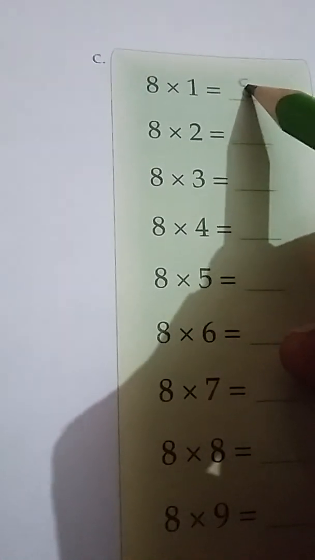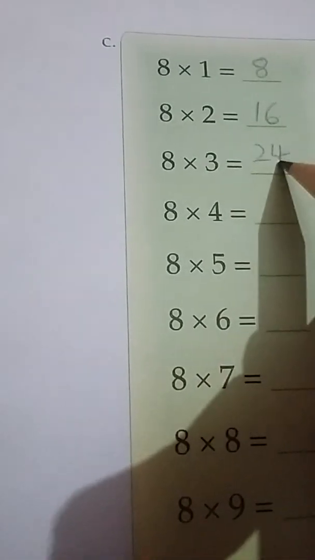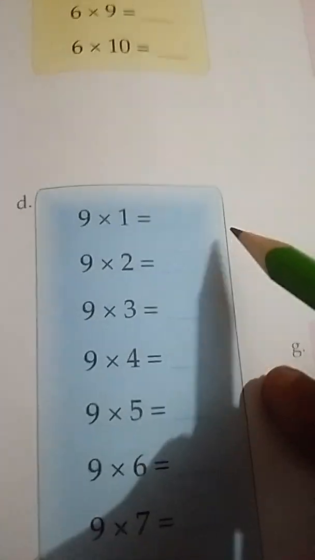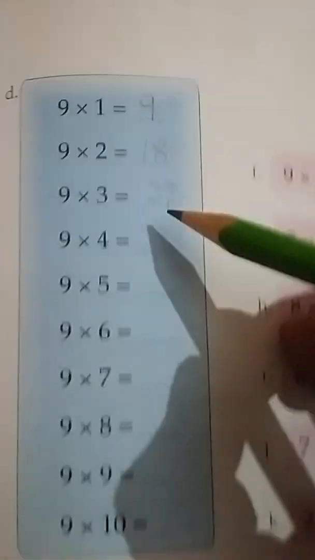And then the multiplication table of 8: 8 ones are 8, 8 2s are 16, 8 3s are 24, and the rest of these complete on your own. Then the multiplication table of 9: 9 ones are 9, 9 2s are 18, 9 3s are 27, and complete these.